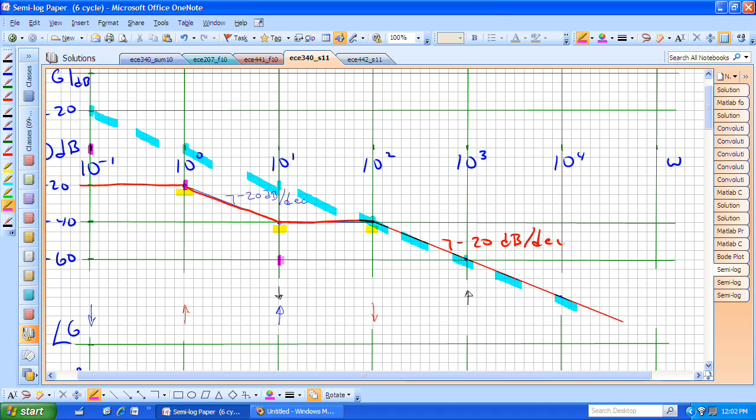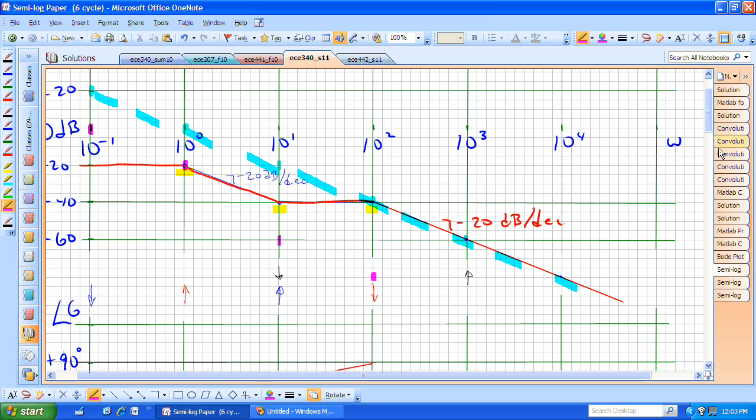Then at 100, we're no longer going to be flat between 10 and 100 because of this pole's influence. We'll be sloping at 20 dB per decade, so we'll go down to minus 80 dB at 100. And then after that 100, if we just looked at 1,000, I now have minus 60 plus another minus 60, or that's going to be minus 120.